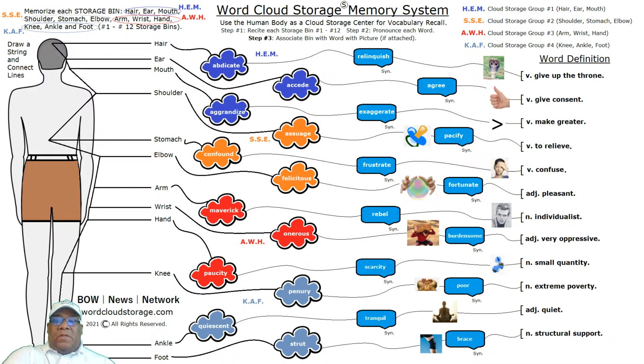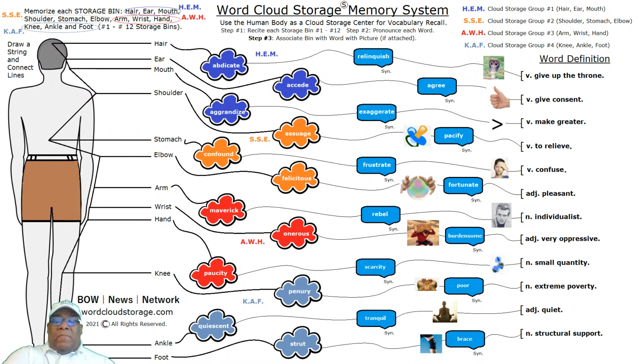Assuage. Let's see. Pacify. We had a pacifier to relieve. Confound was frustrate, a fella in a frustrated state. Fallacious, we did the crystal ball, fortunate.